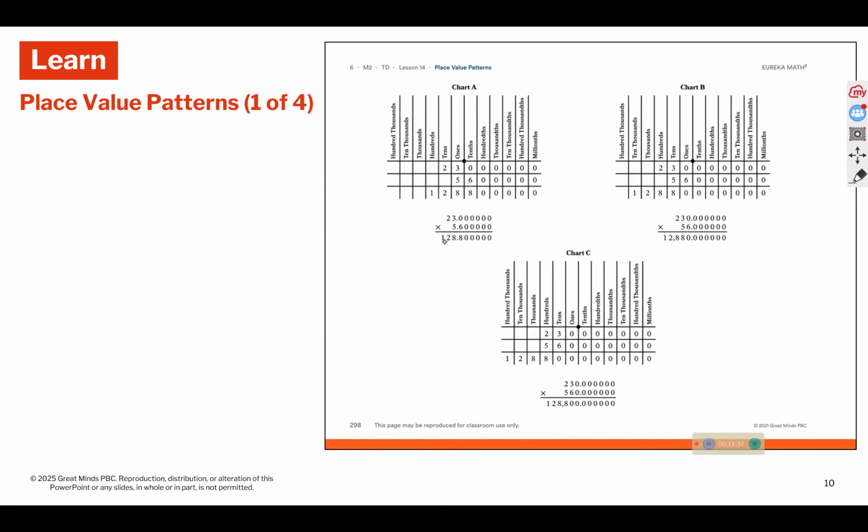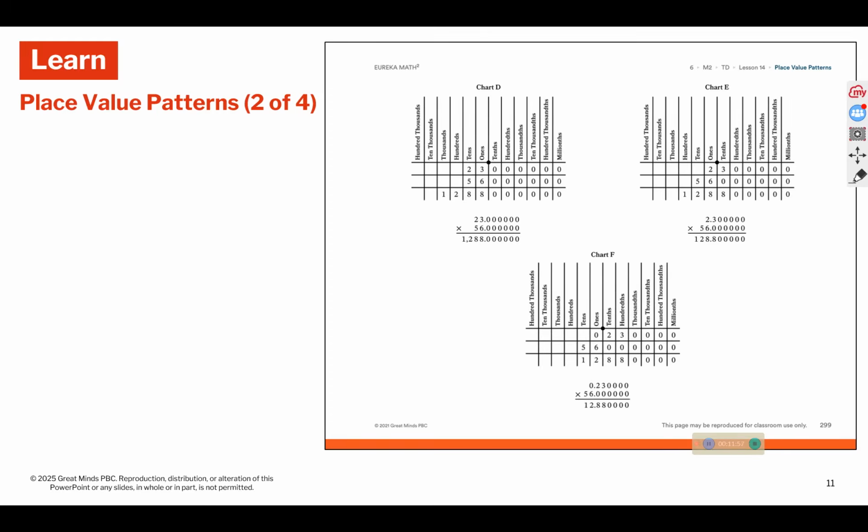They're showing you here that if you're multiplying 23 by 5.6 or 230 by 56 or 230 by 560, the numbers are the same, but the location of the decimal, or where those place values line up, changes based on what you're multiplying together.